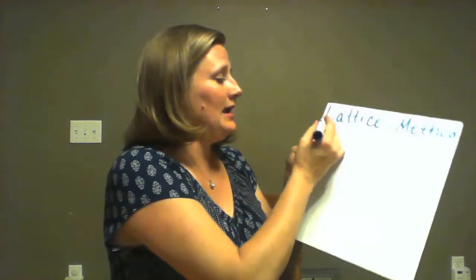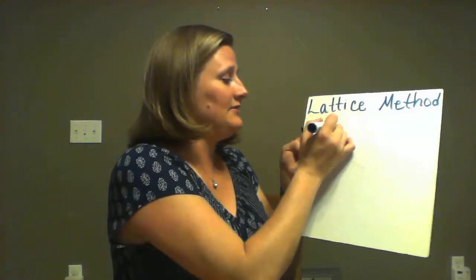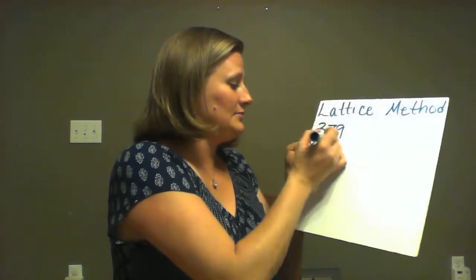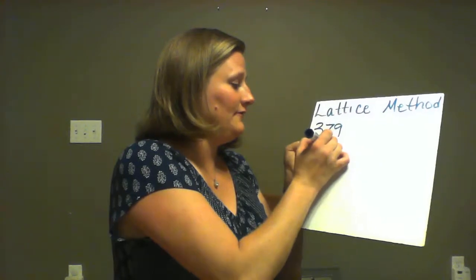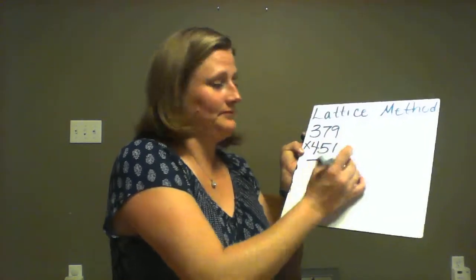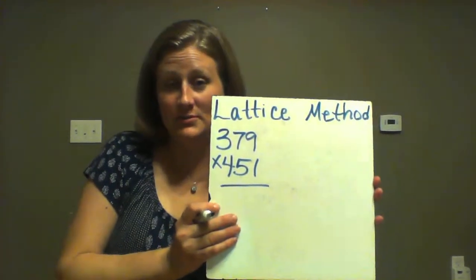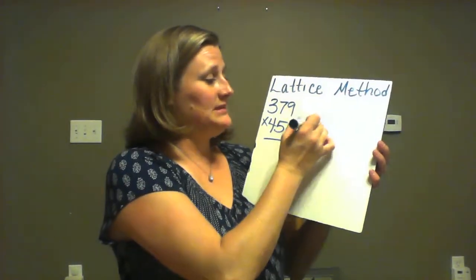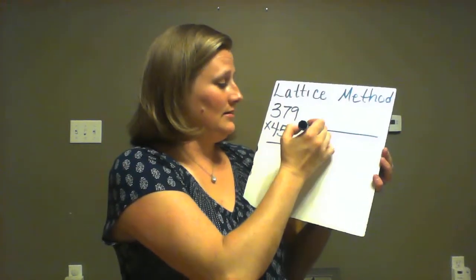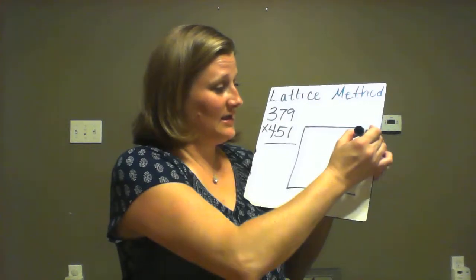Now this method will work no matter how many digits your problem has. For instance, if I have a 3-digit number, let's say I'm doing 379 times 451. So I'm multiplying 3-digit by 3-digit. I'm simply going to make my lattice a little bigger.